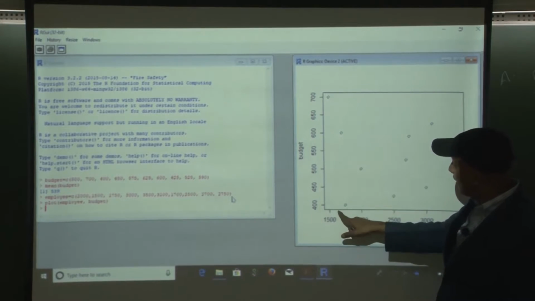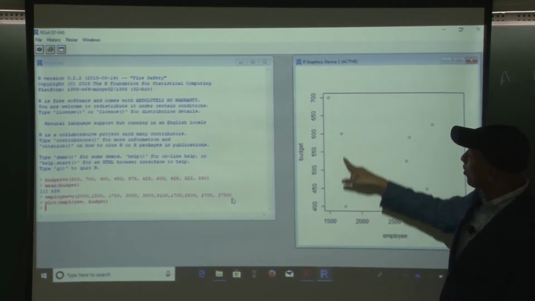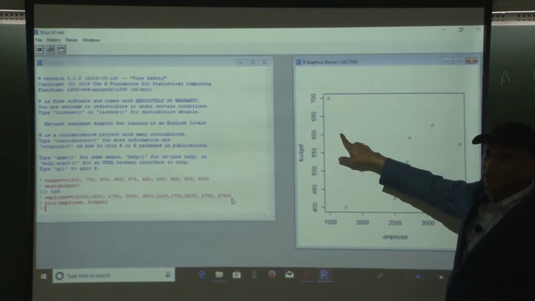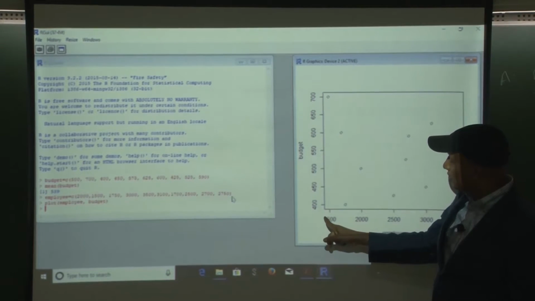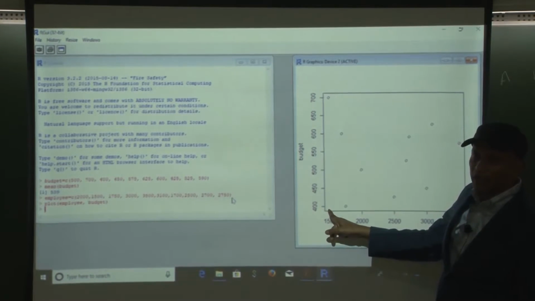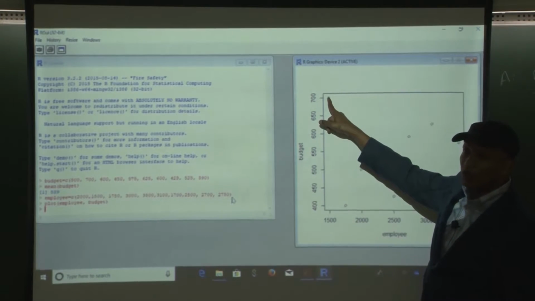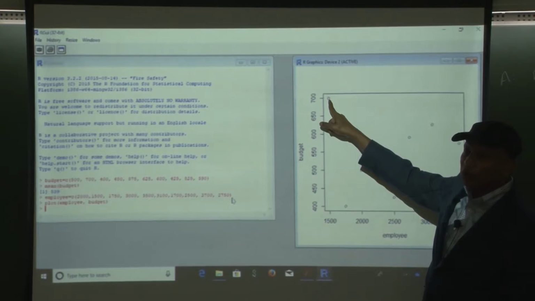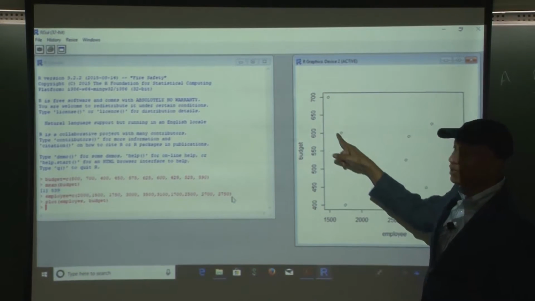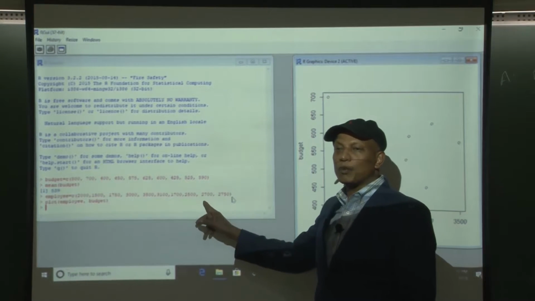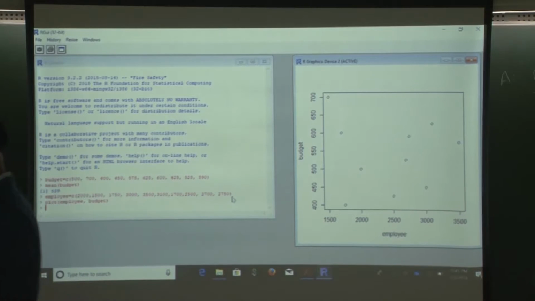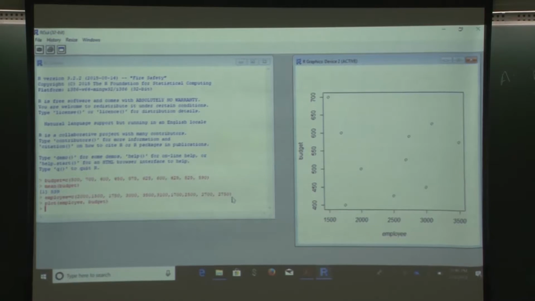Here you have only about 1600 employees, but the cost for that IIT is over 600, whatever this number is. And for this guy, it is only about 1000 employees, but it is costing you a lot more. Which means that a couple of these IITs are not following the rule that their funding is proportionate to the number of employees. That means they are a special group, probably an elite group. They are Kanpur IIT, so that's why they should get a lot more money, even though they have fewer employees.